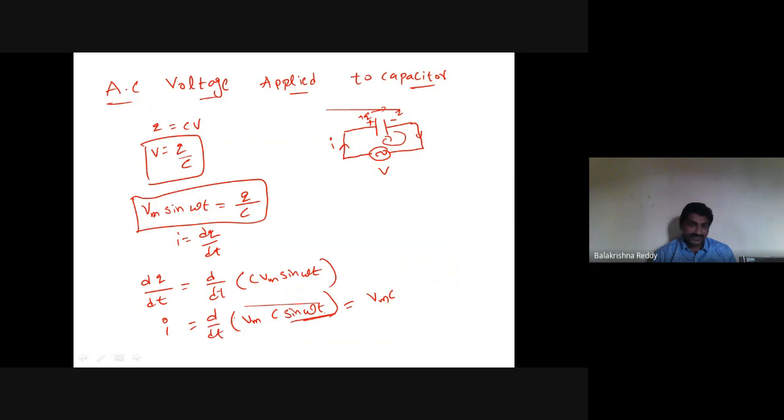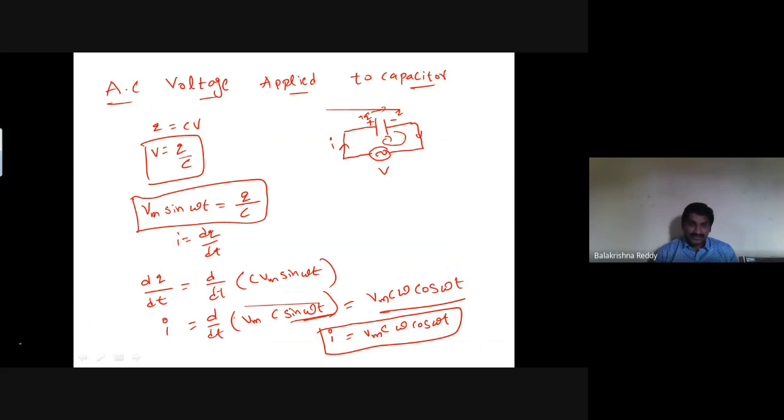Omega is a constant. The differentiation of sine omega t is cos omega t. This is our current wave equation with respect to the current: I equal to Vm C omega cos omega t.